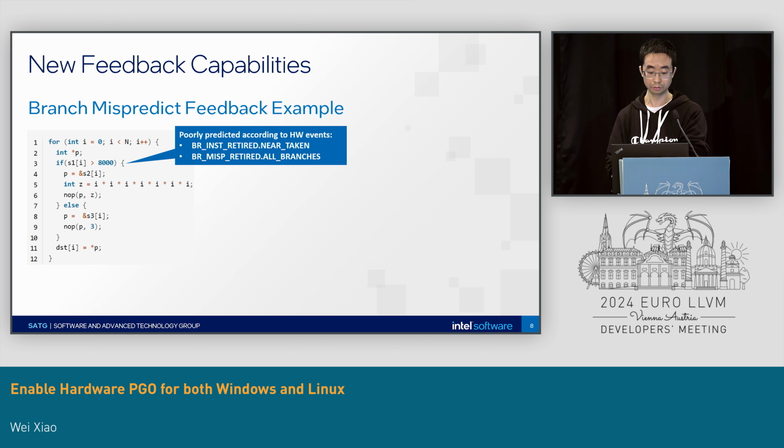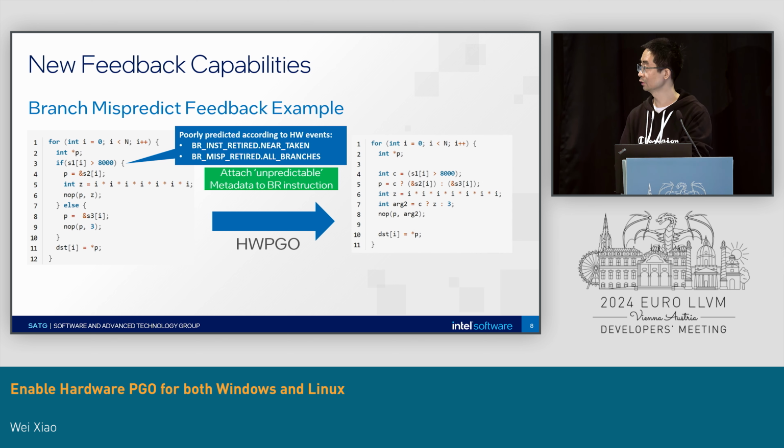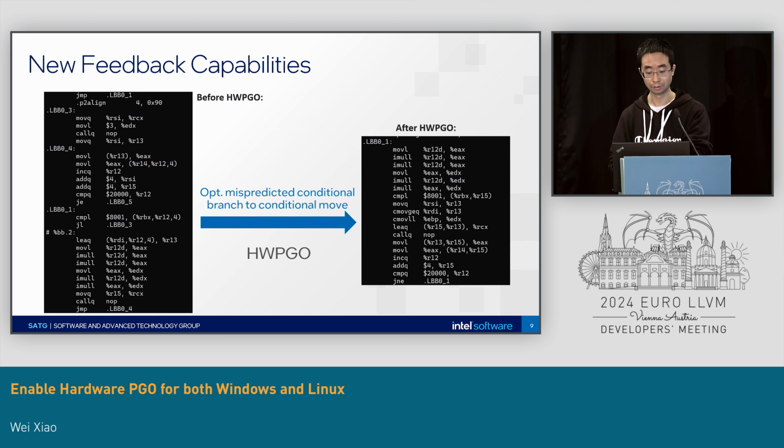So we can add one hardware PGO optimization to transform this if statement into straight-line code to avoid the misprediction. And we can list more assembly details here. As you can see on the left side, it's very nice.